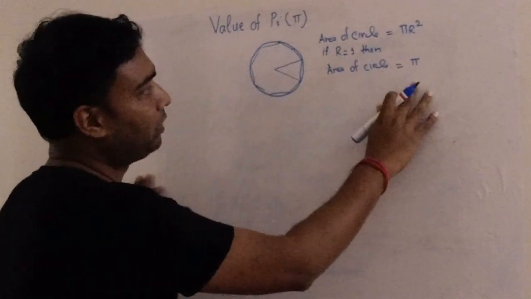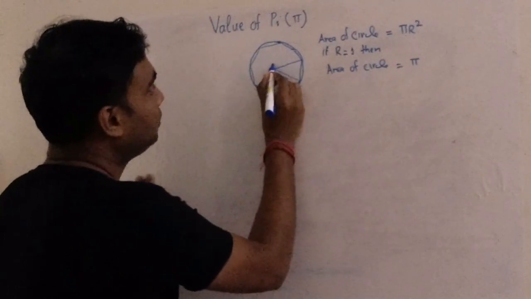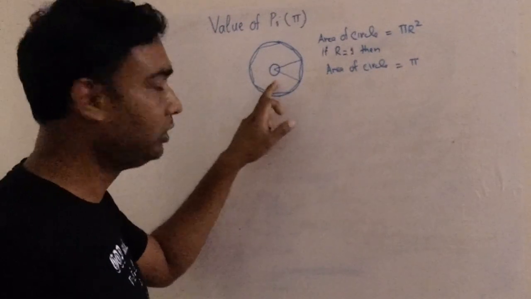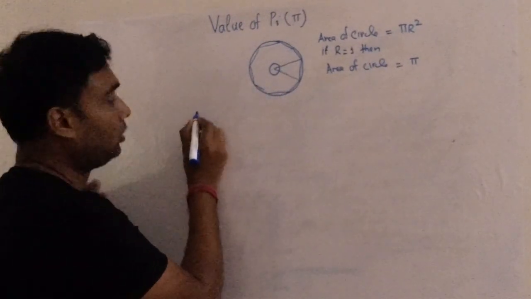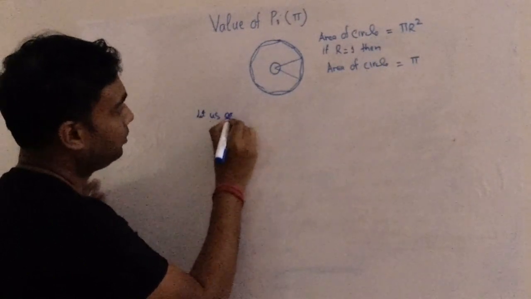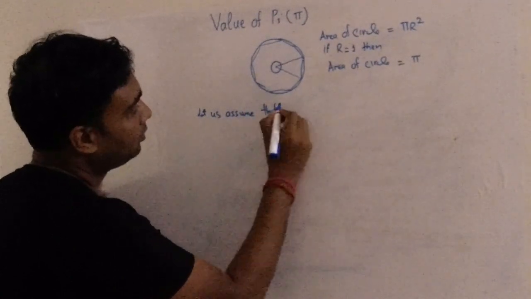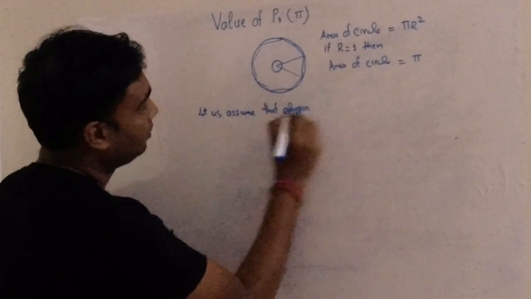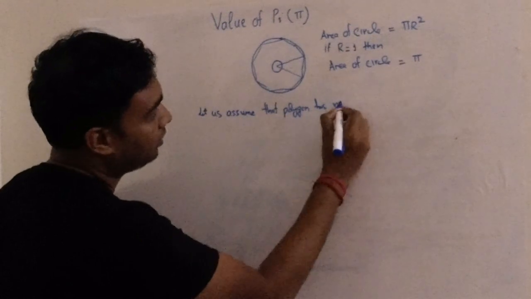This is the concept which I'm going to use. Here r will be 1. Since it will make a 360-degree angle at the center, let us assume that the polygon has n sides.